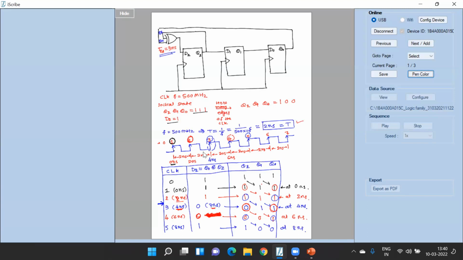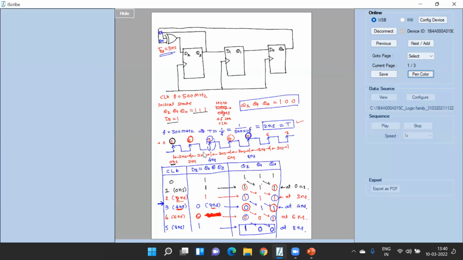So if you observe, this is my expected state of the output, which happens at the fifth edge, which becomes 1, 0, 0. So you can see we were asked to reach the state Q2, Q1, Q0 equals 1, 0, 0.